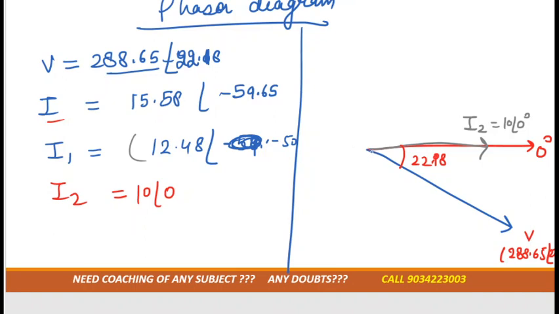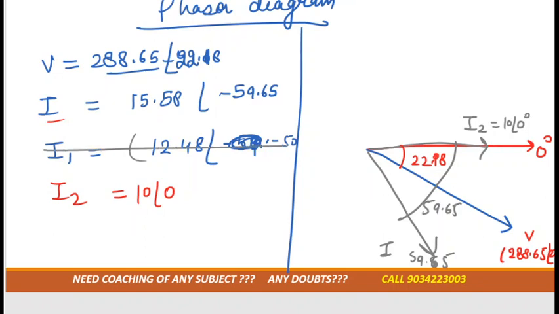So voltage is here, 0 degree is here, minus 59 point something is like this. Right or wrong? The whole angle is 59.65. This is the total current. Okay, so this is the phasor diagram.